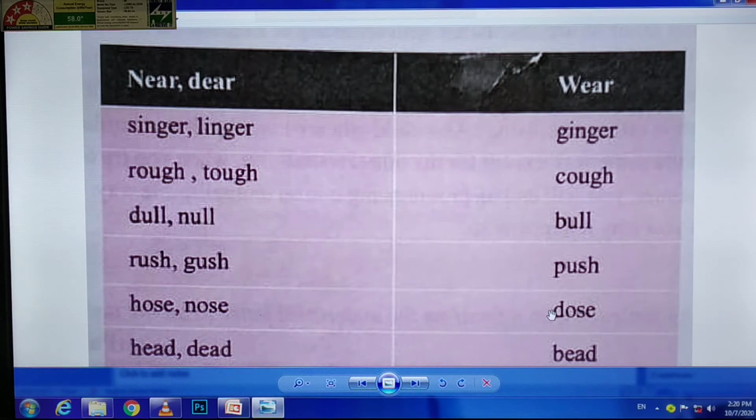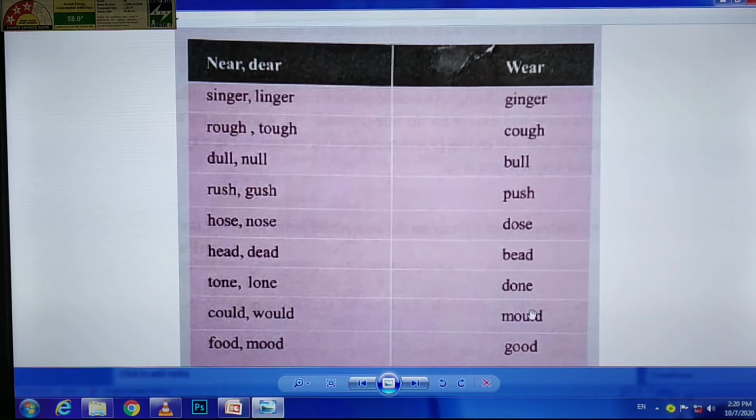And we have a number of phonemic symbols. Within the phonemic symbols we have also vowels, consonants and diphthongs and so on. So once again I am repeating, what is phonetics? Phonetics is a systematic study of speech sounds.